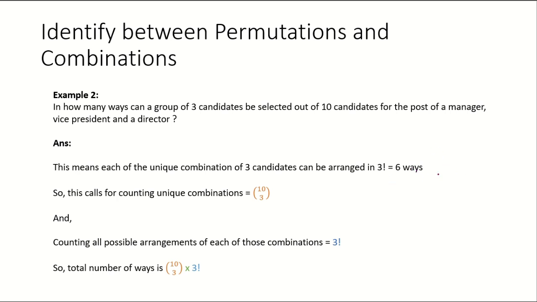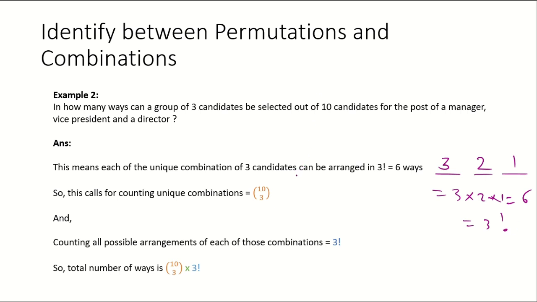How do we do that? Say we have these 3 roles to fill: manager, vice president, and director. Now for the first role, we have 3 options, any of the 3 candidates. So it's 3. Now we are left with 2 candidates, and for the second role, any of the 2 candidates can fill in. Now for the third role, the remaining candidate will fill in. So this is 3 times 2 times 1 is 6, which is 3 factorial.